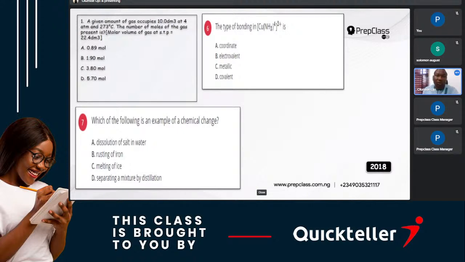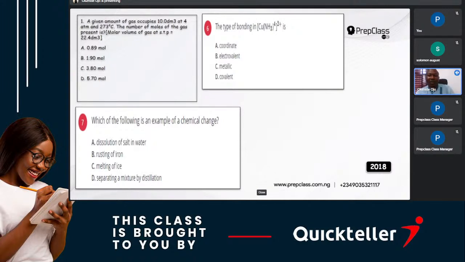That's it. Good. Number 6. The type of bonding in Cu(NH3)4 2+ is what?